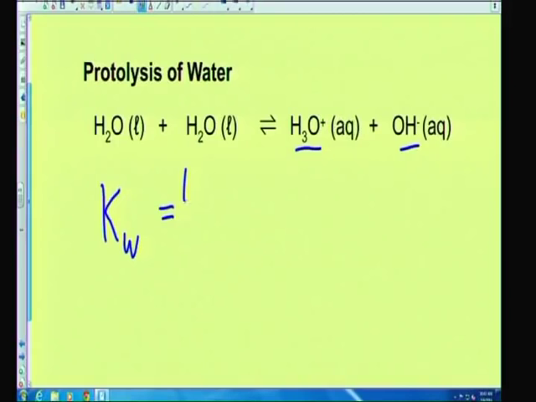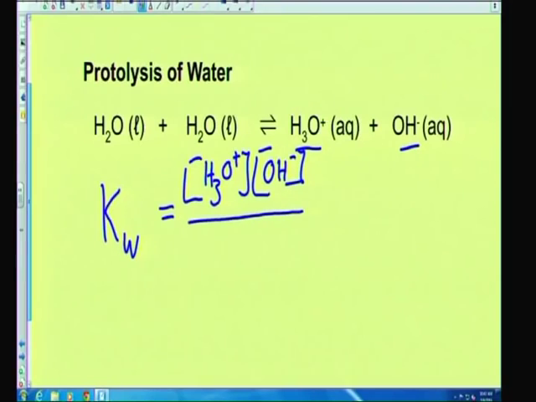We take the concentration of the hydronium ions, or hydrogen ion, because it's the product, multiplied by the concentration of the hydroxide ions, and divide it by the concentration of H2O times the concentration of H2O. But you'll say to me, hold on.